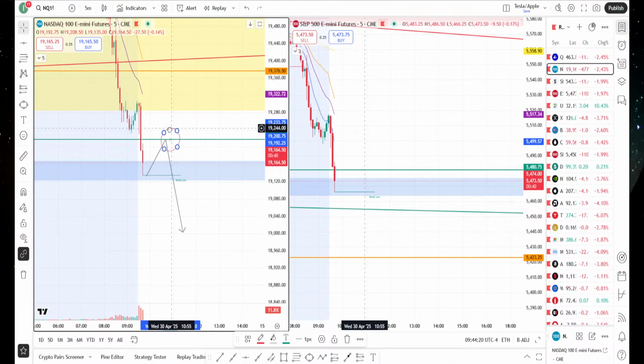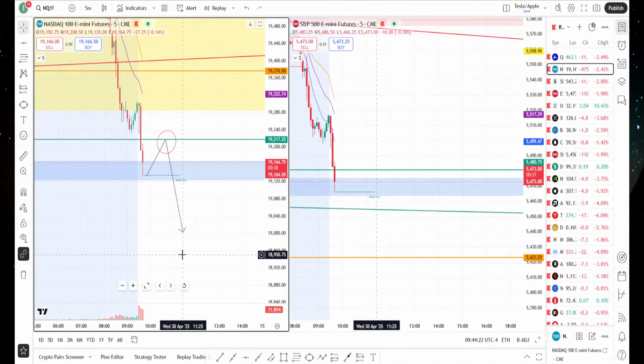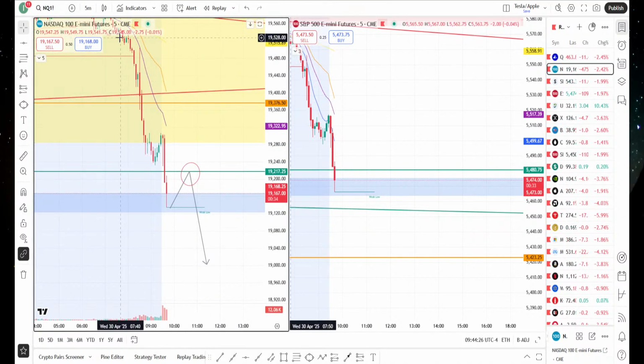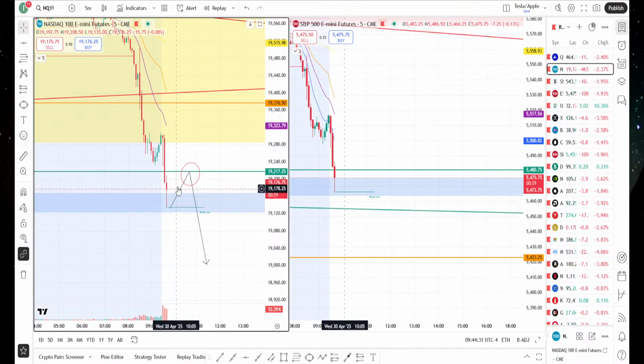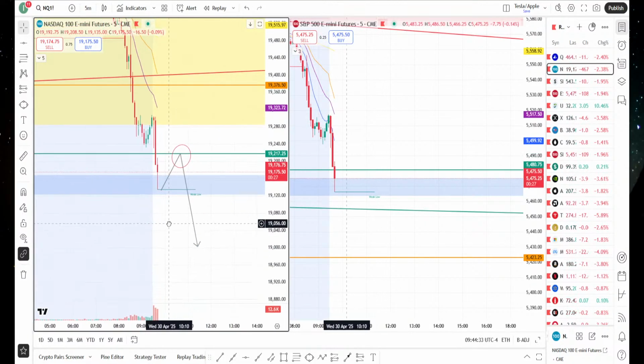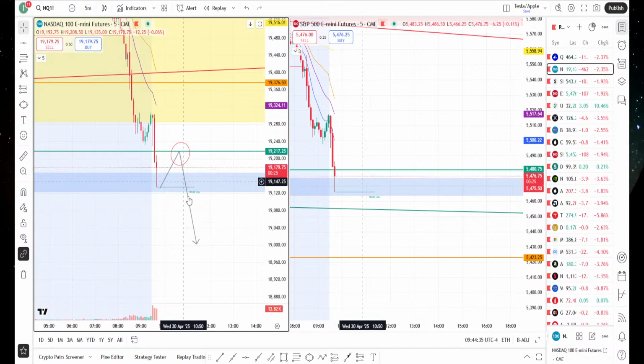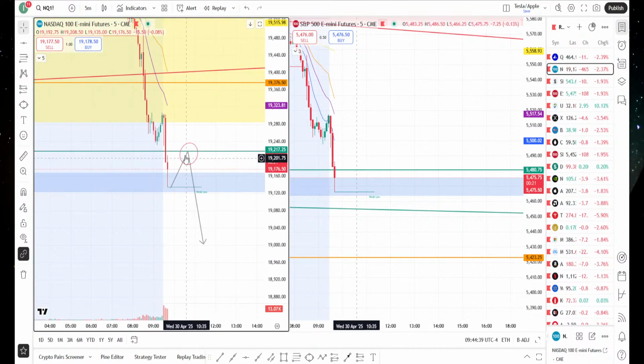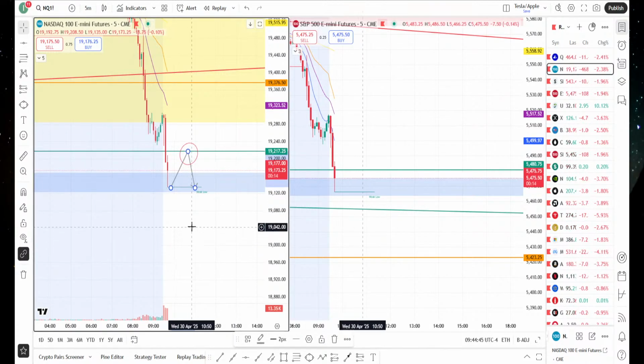Okay. If this momentum continues, we break a structure down here. Market is on a downtrend. Pull back, break a structure. I will look for another pullback. The only thing is, instead of trying to go for a big move from here, I would just go for a quick scalp.